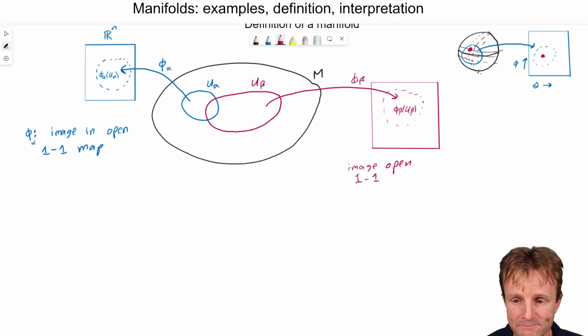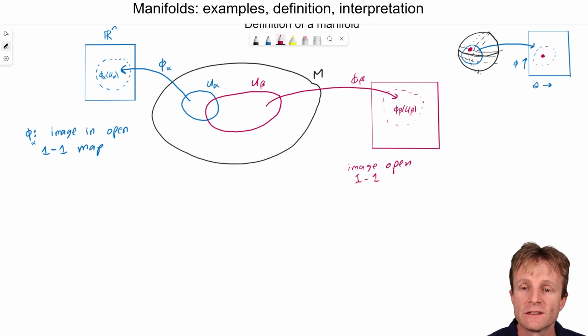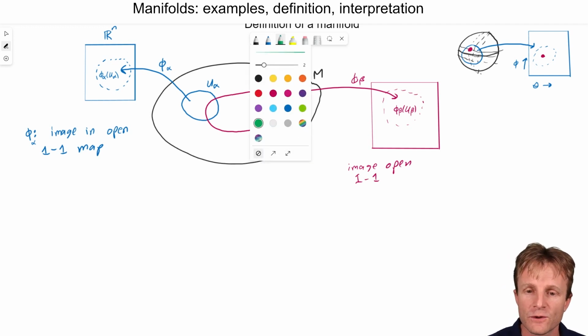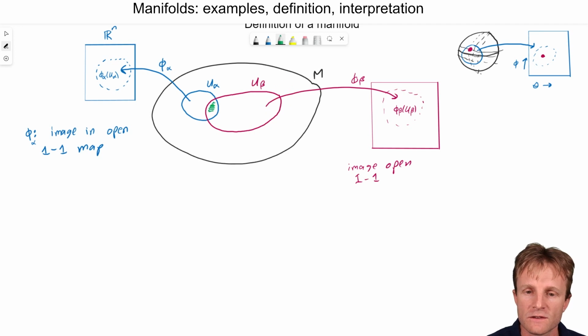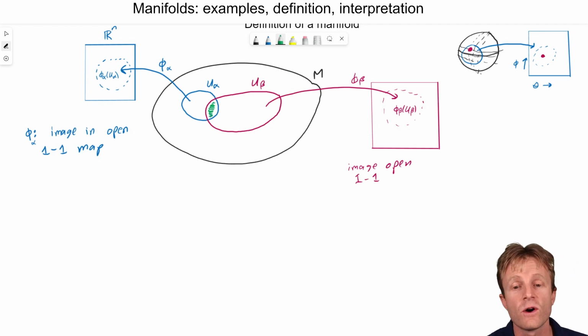Now, we have two charts on this manifold, and in points that are in both, we could use either chart to describe the manifold. And to make sure that we're really considering the same manifold, we're going to need some conditions on what's going on here in the overlap region between these charts.